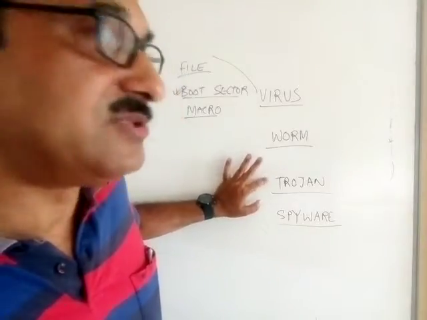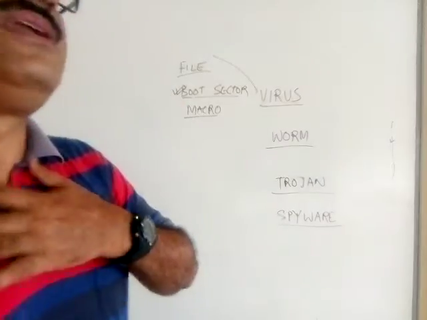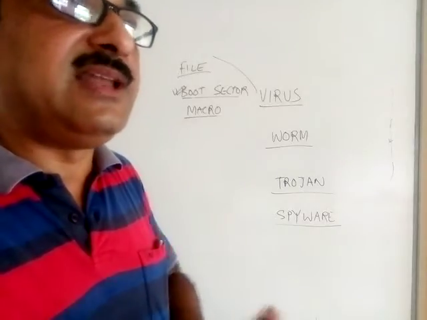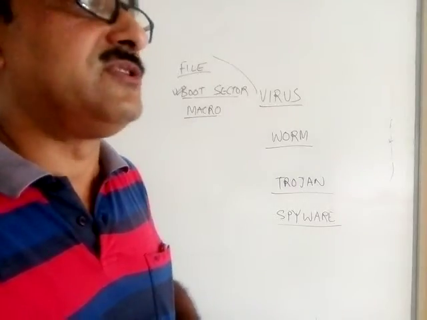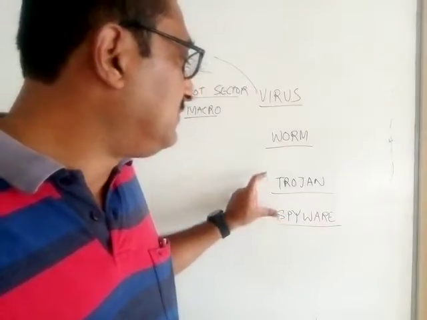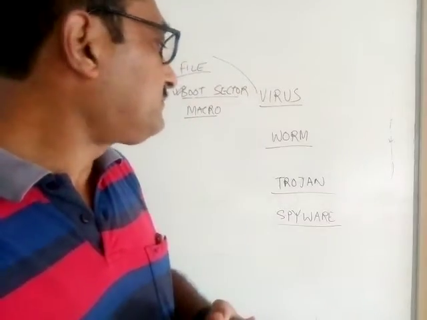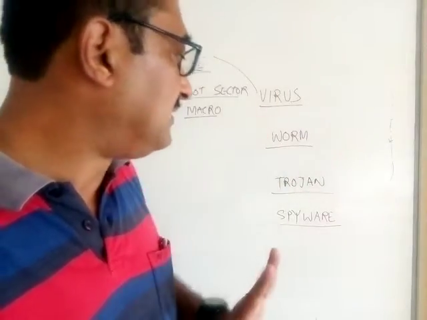That will be the case of Trojan horse. And spyware normally comes through spam mails, as I told you. It can come through pirated movies, songs and all. And in both cases, the system will slow down like anything. So these are other common things.